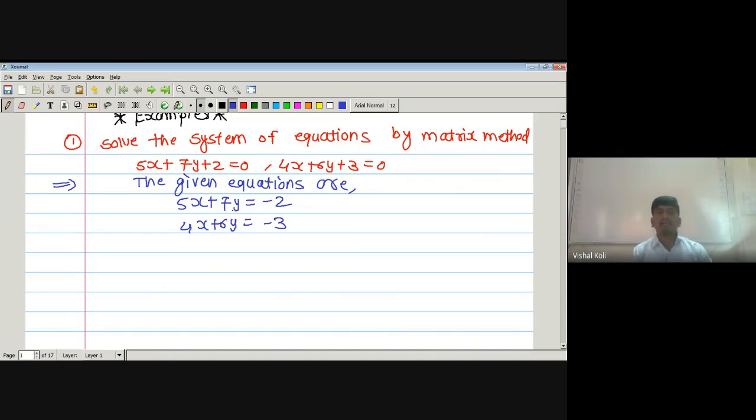Now, we know that every system of linear equations can be written in matrix form.